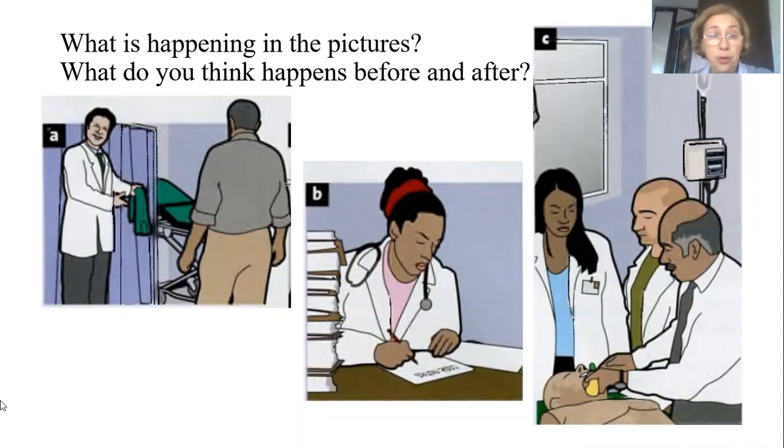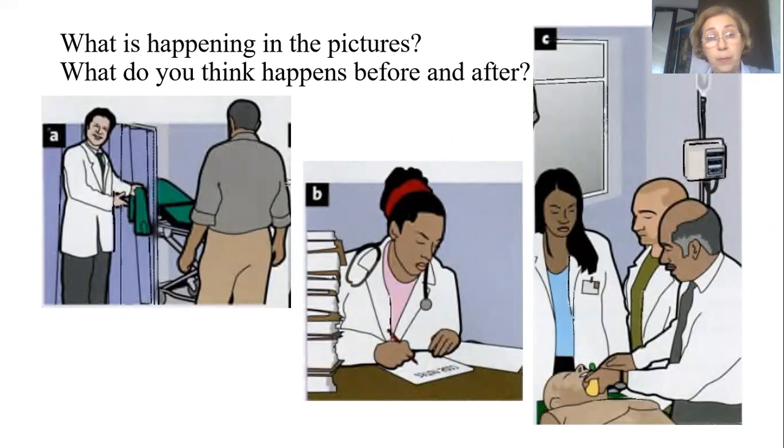If we look at picture A, what is happening here? Abdel Rahman. In picture A, we can see a person and also a doctor, and the doctor tells this person to sit on the bed to make some examination and to know what the problem is with this patient. And you can see the doctor is holding a piece of clothing in his hands.